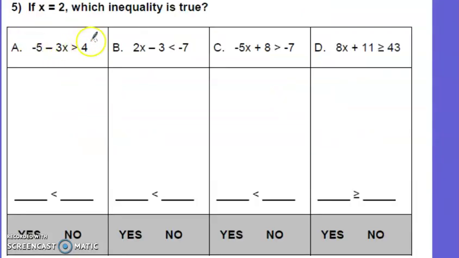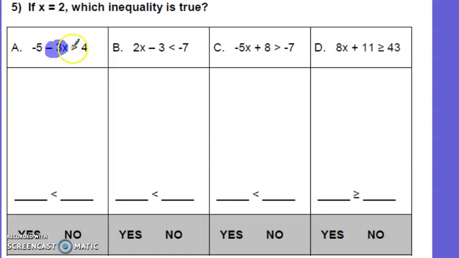So moving on to question number 5. It says if x equals 2, which inequality is true? So we've got 2 ways that we can do this. The first way that you can look at this is you can solve for each of these. So we can solve this just like we've been doing. We look right here. This is negative.